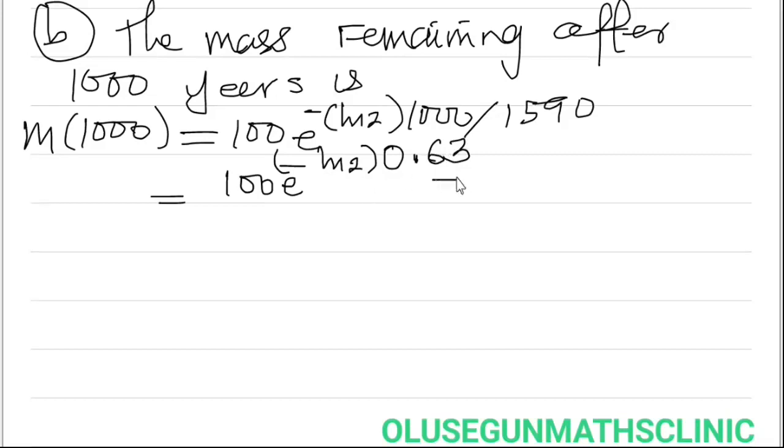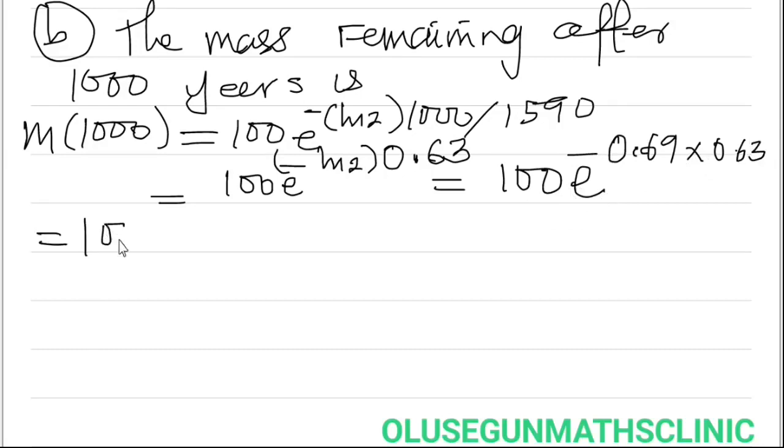So you now have 100 exponential minus 0.69 times 0.63, because the ln 2 is 0.69, so we have 100 exponential. So let's multiply the two.